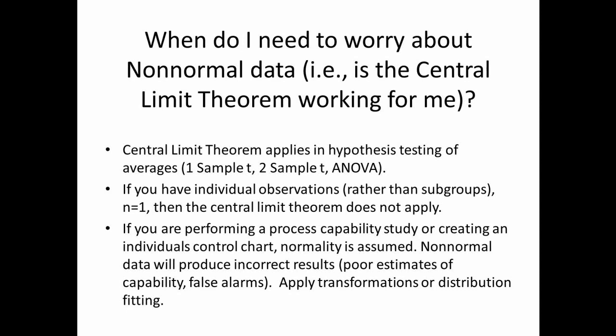So if you're doing a process capability study, Cp/Cpk, or if you're running an individuals control chart, and you have inherently non-normal data, not just unstable data, but data like the exponential distribution, or if the normal probability plot is showing a strong curve, then you really should apply transformations in that case.